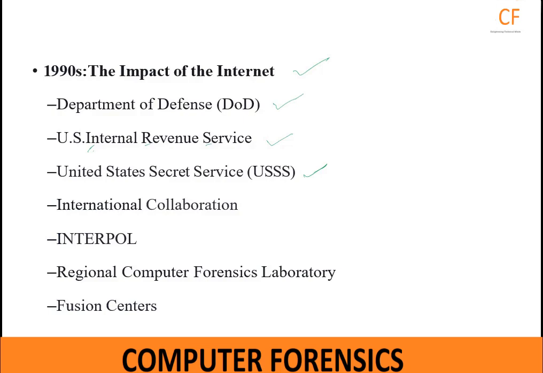In 1996, the USSS established the New York Electronic Crimes Task Force (ECTF), a center used to collaboratively investigate cyber crimes. In 2001, the US Patriot Act mandated that the United States Secret Service expand its successful New York Electronic Crimes Task Force and establish ECTFs nationwide.